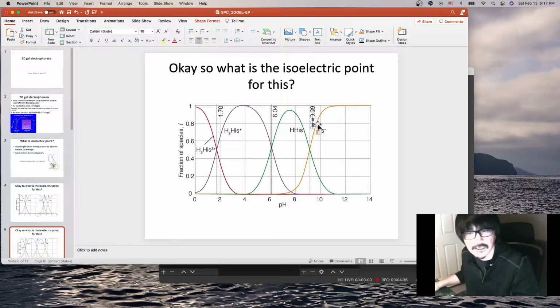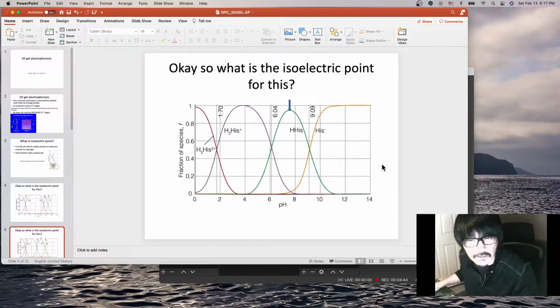So where is the isoelectric point? It's right here. Yeah, that's where it is. About 95% is neutral, and then maybe 2.5% positive charge and 2.5% negative charge.